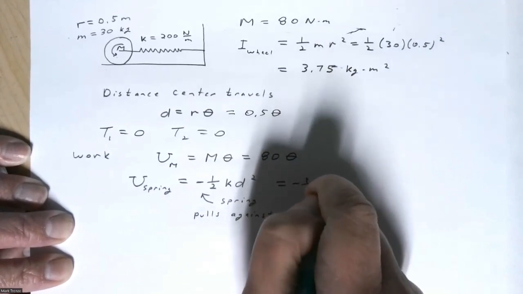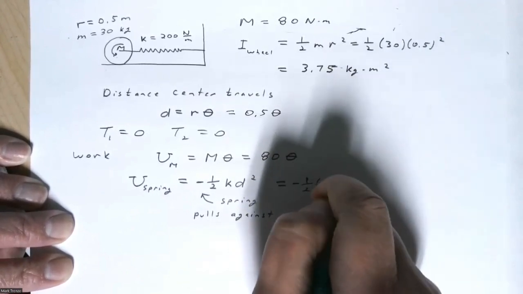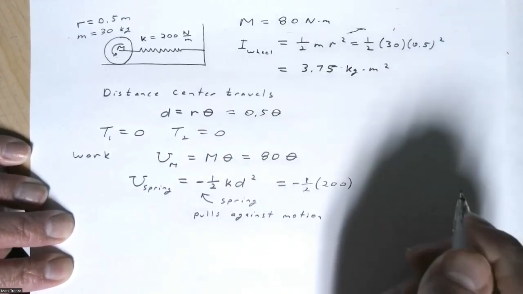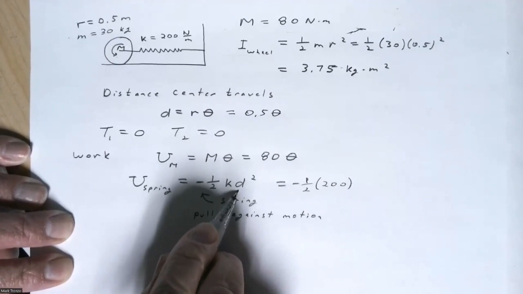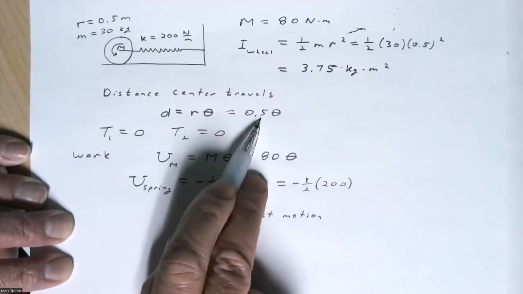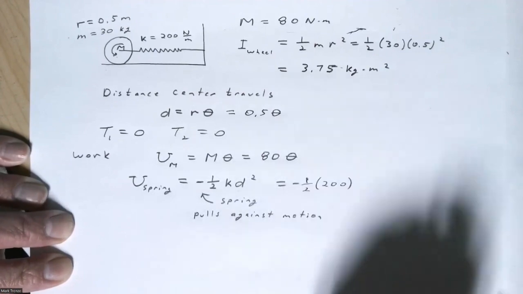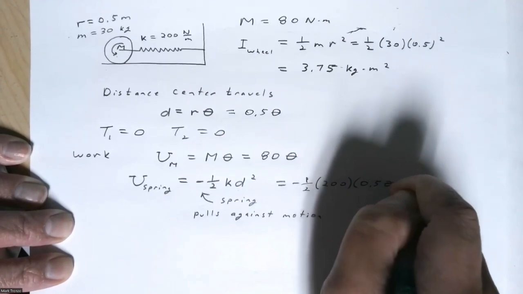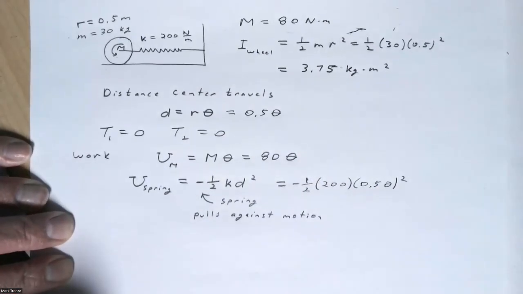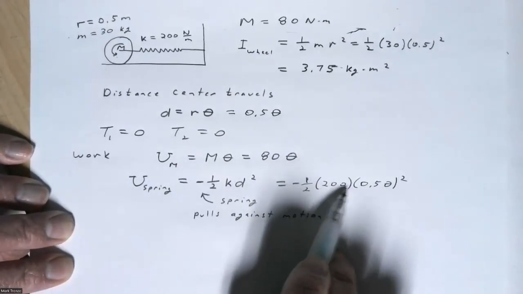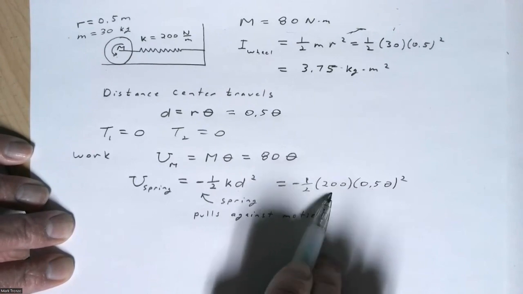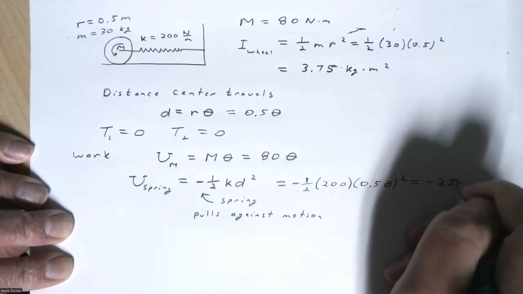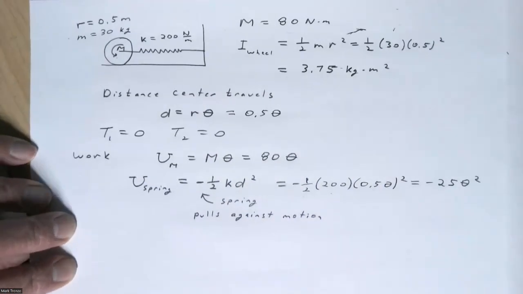So this is -1/2, and we said 200 Newton meters for the spring constant, times d squared. Now, we determined up here that d was equal to 0.5 theta, so we can put that in. When we square this, 0.5 times 200 times this, we get -25 theta squared.